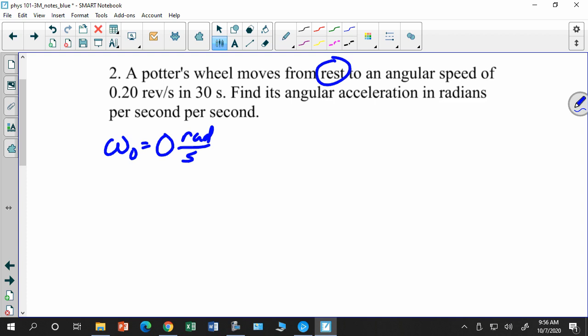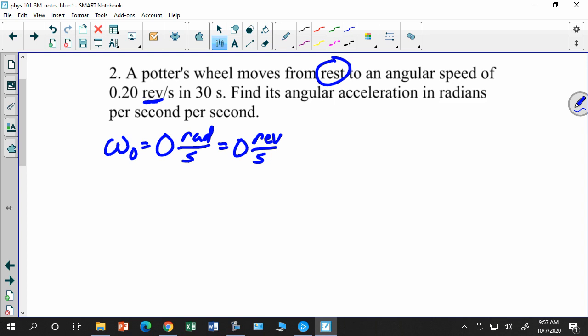Although, let me say here that whenever we're doing these kinematics problems, you don't have to convert your units from, in this case, revolutions per second to radians per second. So instead of starting this in radians per second, I'm going to say revolutions per second. Now, there are some cases where it matters. But in these kinematics problems, it doesn't matter because you'll see that the units will work out at the end. However, in the next chapter on torques, and later when we're doing centripetal acceleration, it matters sometimes if your units are in revolutions or radians.